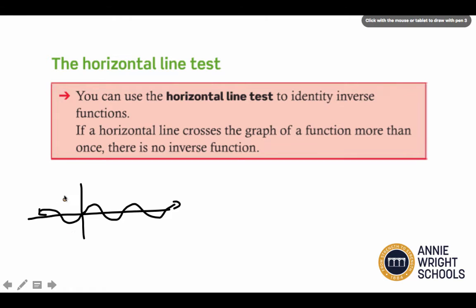Well, the way we make it pass the horizontal line test is we only define it from here to here. And if I only define it from here to here, guess what? When I take the inverse, it passes the horizontal line test. So to make functions have an inverse, we will sometimes restrict the domain and range so that it passes the horizontal line test.